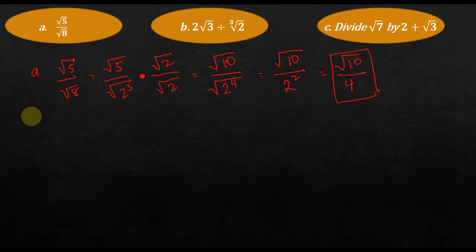Next, letter B. We have here 2 square root of 3 divided by cube root of 2. So again, you're going to multiply based on our denominator, which is cube root of 2. Multiply that by cube root of 2. Then identify the exponent here.